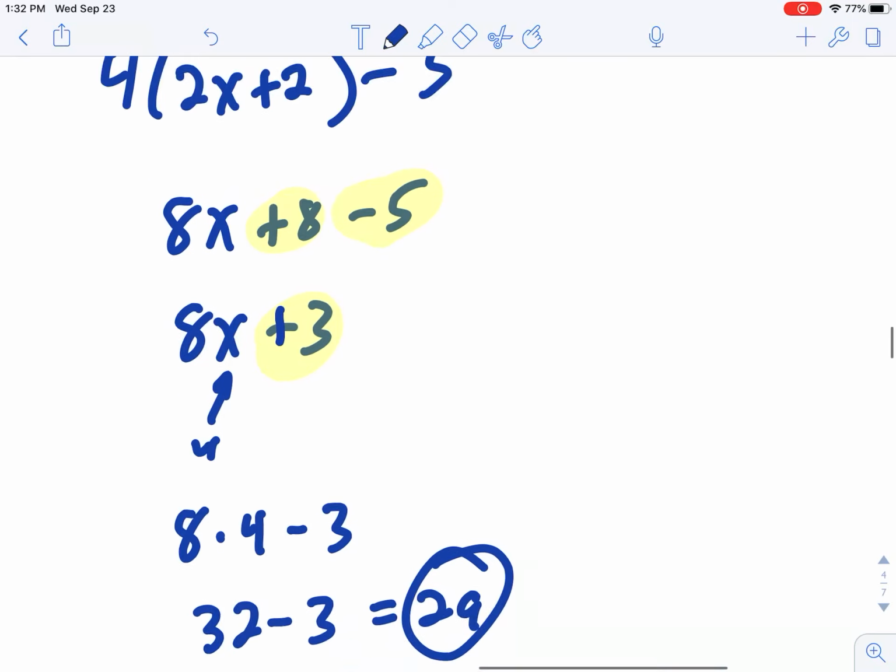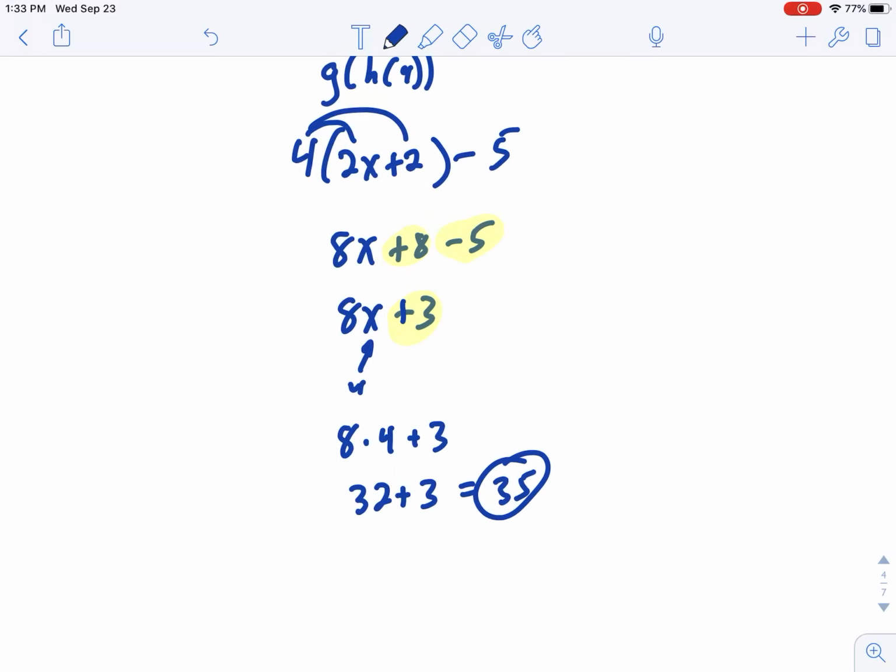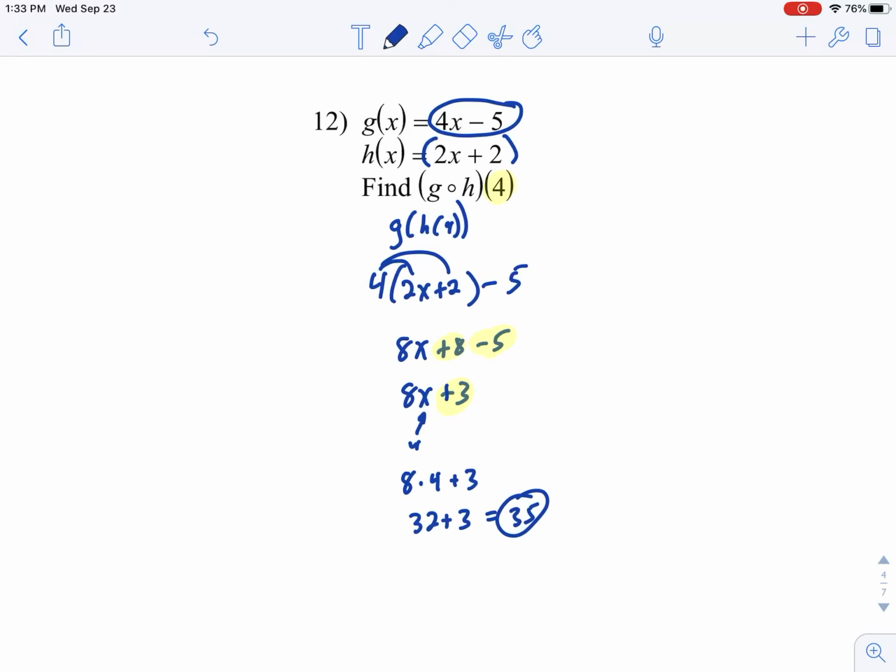Heck no, it's positive 3. So that would be a plus 3. 32 plus 3 is definitely 35. So that's one of the reasons I give you the answer key. So if you make a mistake like that, you know right away you can check it and fix it, and you don't have to go a day or 2 or 3 with a wrong answer and not even know it. Okay, so there. So that's the hard way.